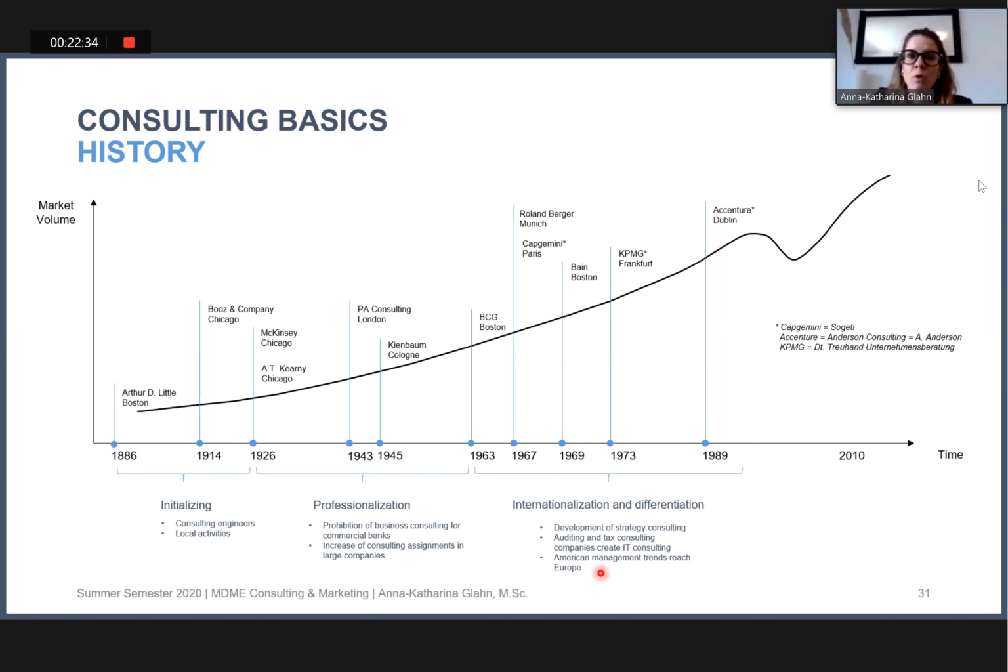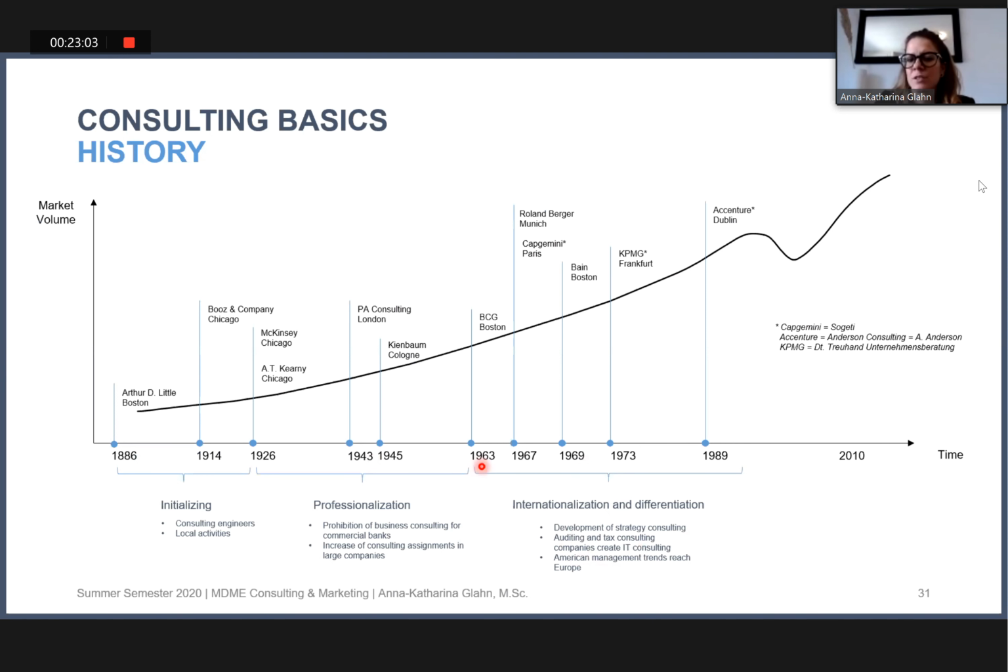And what also led to the increase of consulting, the market volume in Germany or in Europe in general, was that the American management trends and styles reached Europe. Except for Kienbaum, it was not really common to hire consultants in Europe during that time.